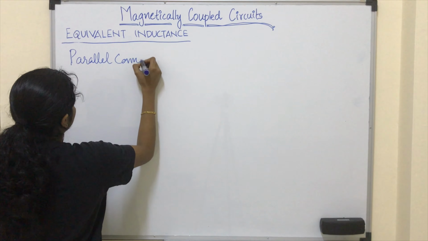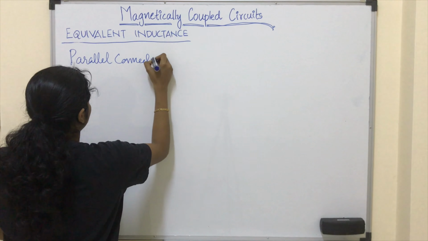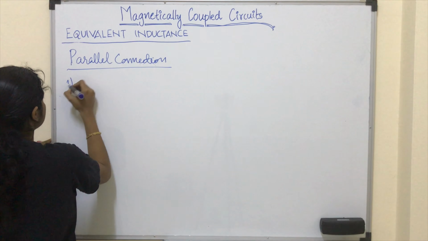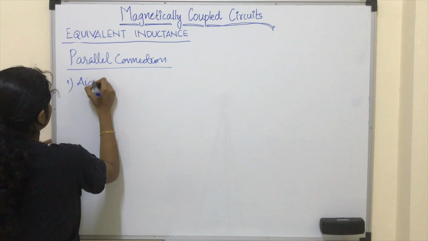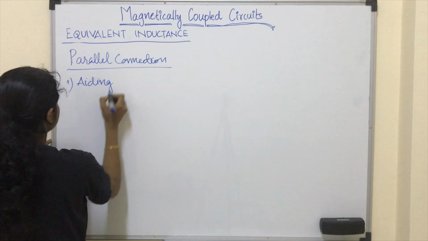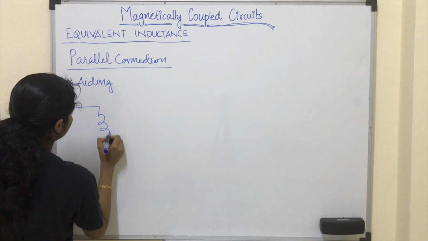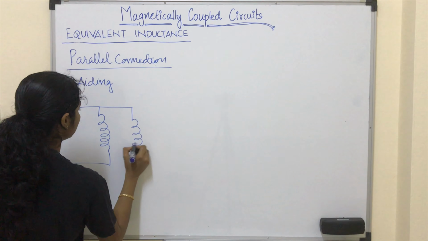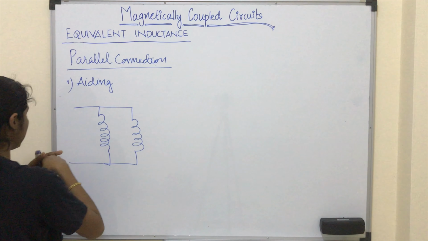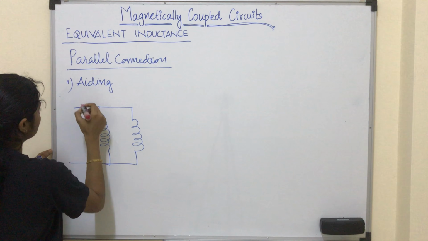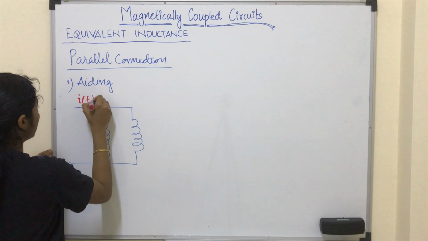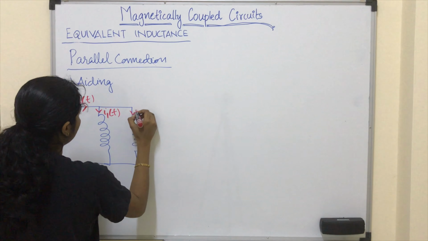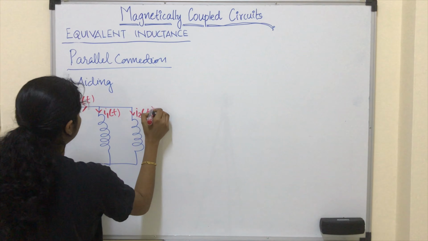In parallel connection, the first case is aiding. Consider two coils L1 and L2 which are connected in parallel, and I will consider a current i of t which is divided as i1 of t and i2 of t.